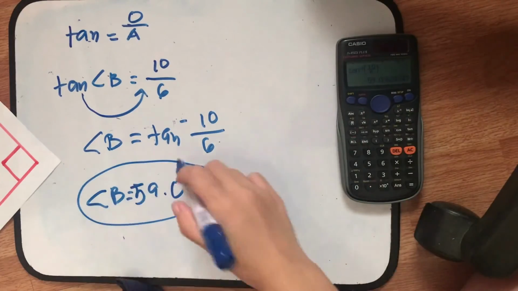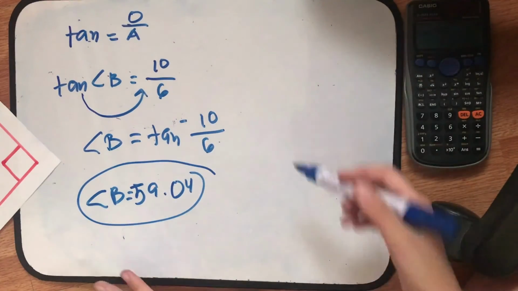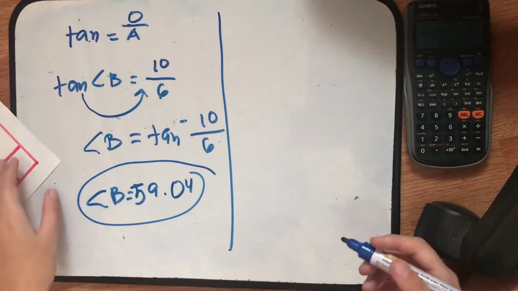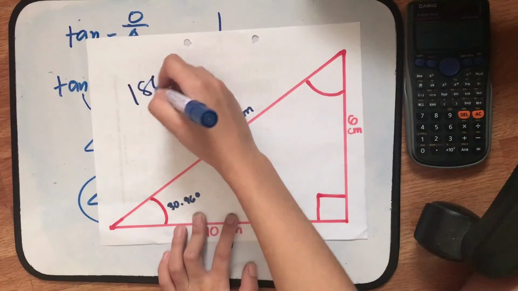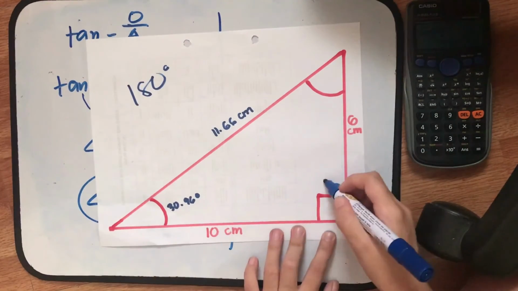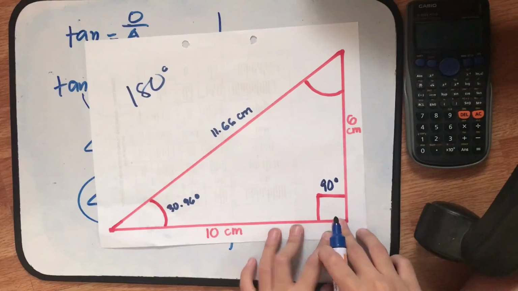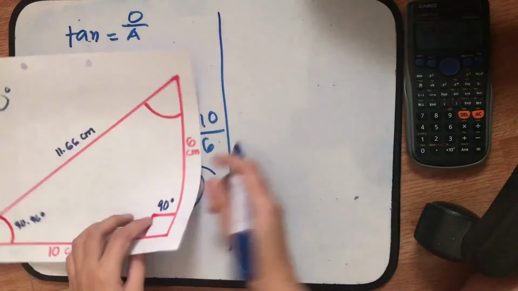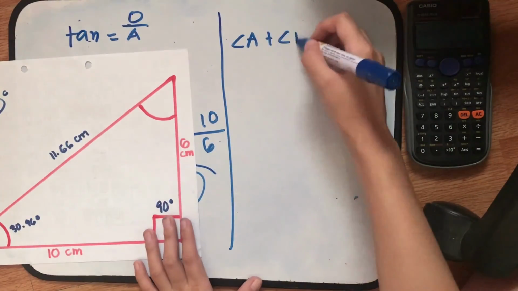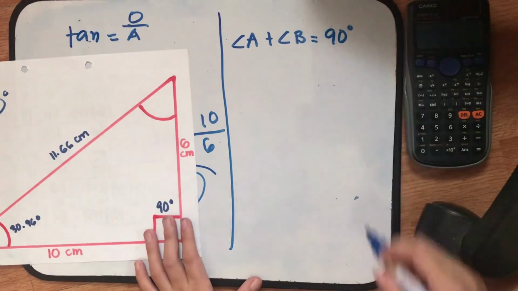Now, for the second way, we just have to use subtraction. In a right triangle, the overall measurement of the angles is 180 degrees. We already have 90 degrees in angle C. Therefore, we need another 90 degrees from both angles, meaning angle A plus angle B is equal to 90 degrees.